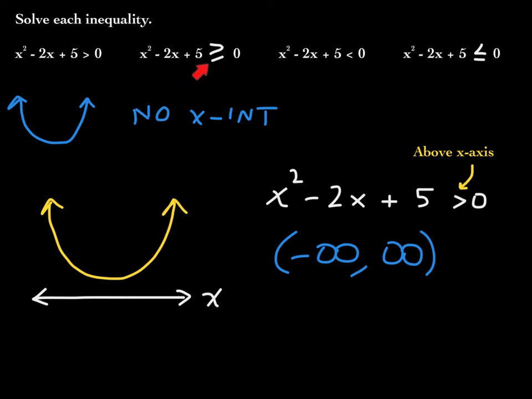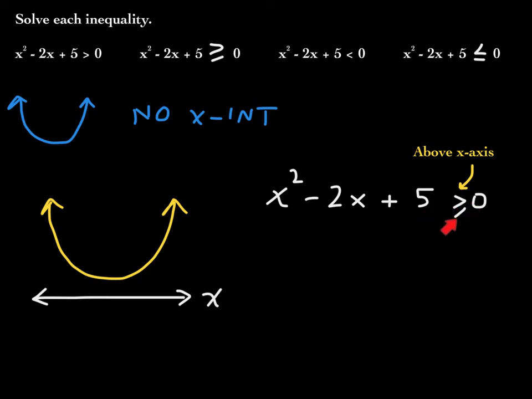Greater than or equal to 0. Now, this one is non-strict, so that means it's greater than, above the x-axis, or even if it hits the x-axis, that's okay. This parabola never hits the x-axis, but it does satisfy the first part of that symbol, which means it's above the x-axis. Let me break that down again.